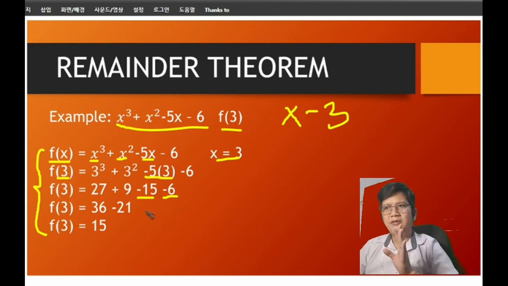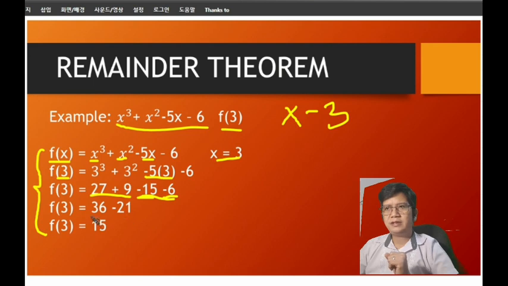Ngayon, meron tayong dalawang positive, dalawang negative. Ang sabi nga natin nung una, pagsamahin natin kung ano yung mga numbers na magkakapareho ng sign. So we'll be dealing here with 27 and 9 na parehong positive, and then 15 and 6 na negative. If we combine those numbers, magiging 36 ang positive, at ang negative natin is 21.